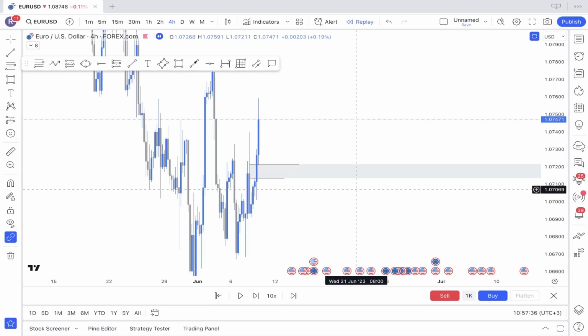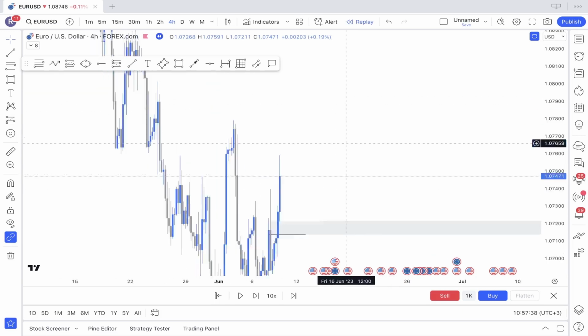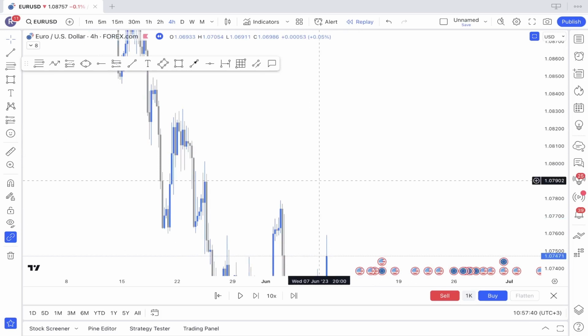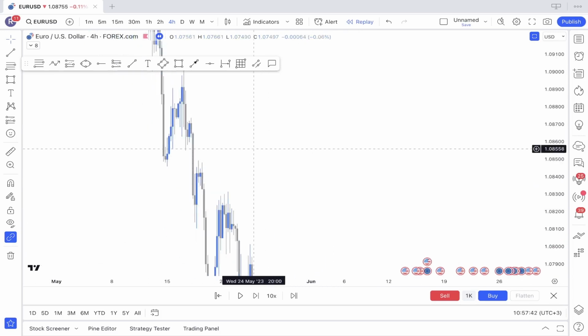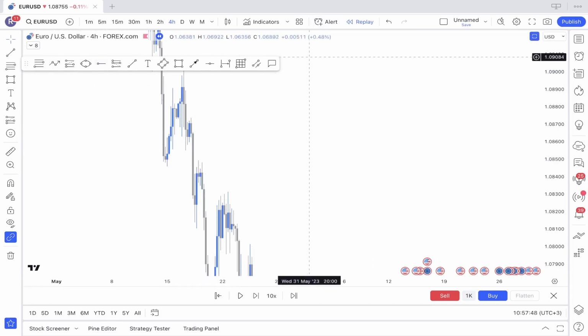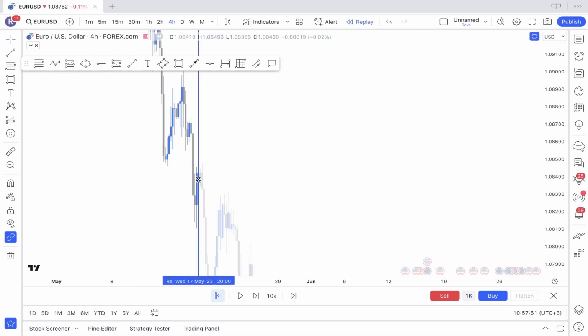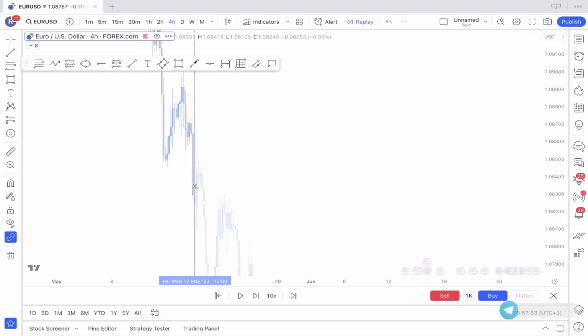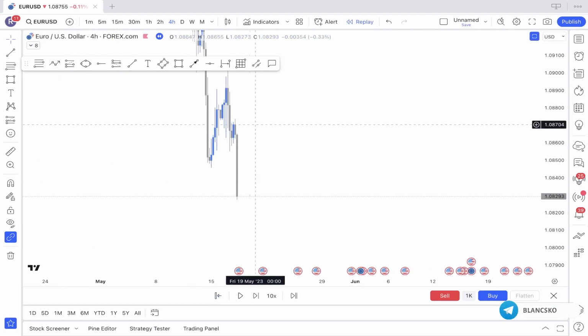Let me show you another example of a fair value gap. Let me scroll. Boom, check this out right here. Okay, so again, I'm gonna use the bar replay and show you what I mean. Okay, check this out. So this right here is the low of the first candle.